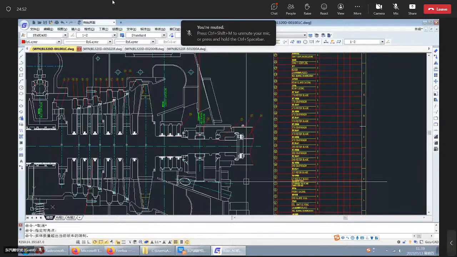Excuse me, sir. We just discussed the MDBFP. Usually there is a booster pump, but with the larger output of the unit, like the main steam turbine and the main BFPT, they all have large output, so there is no booster pump.